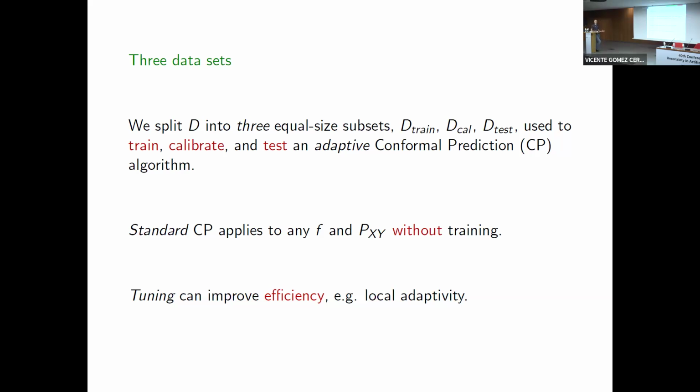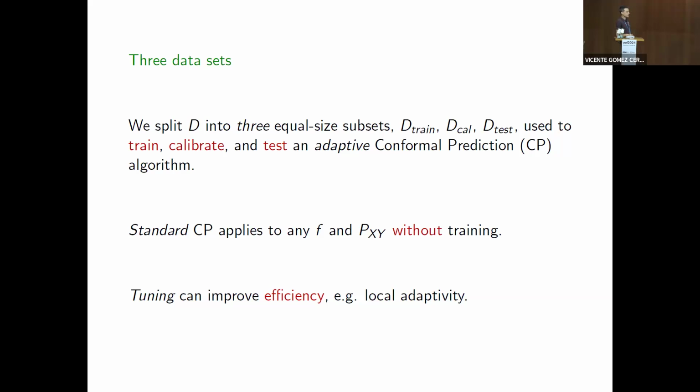So we are given the prediction model, and we train what is called the conformal prediction algorithm. Normally, this is not needed, because standard conformal prediction algorithms are not trained. It's just something that you put on top of any prediction algorithm to get a prediction interval, so some uncertainty estimation. And so this is not required in the standard setup.